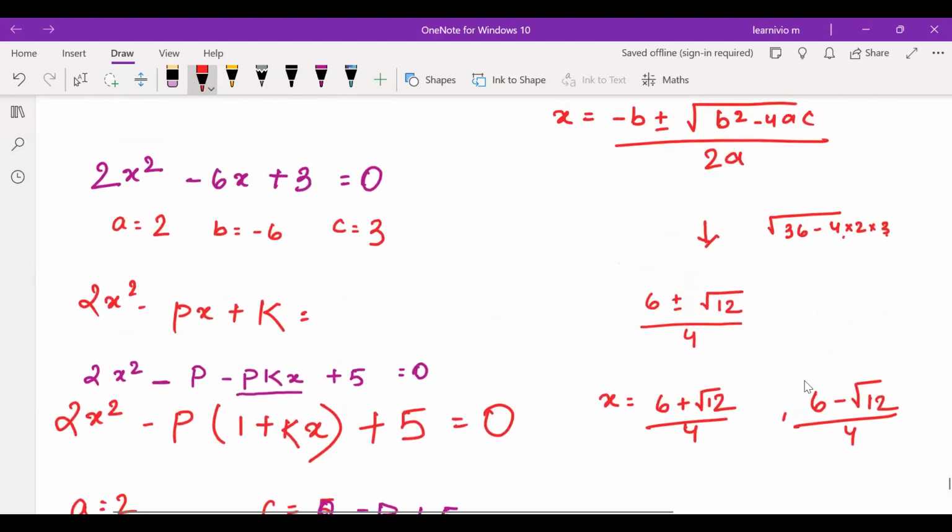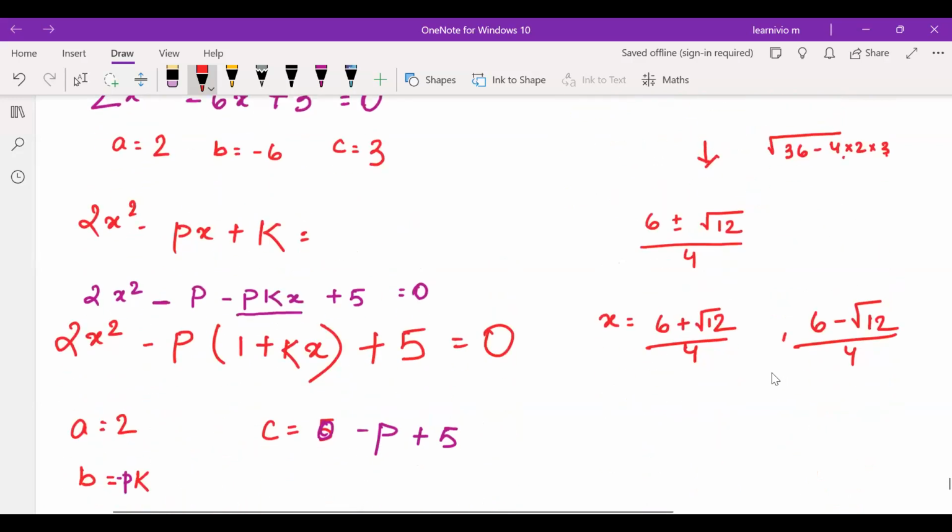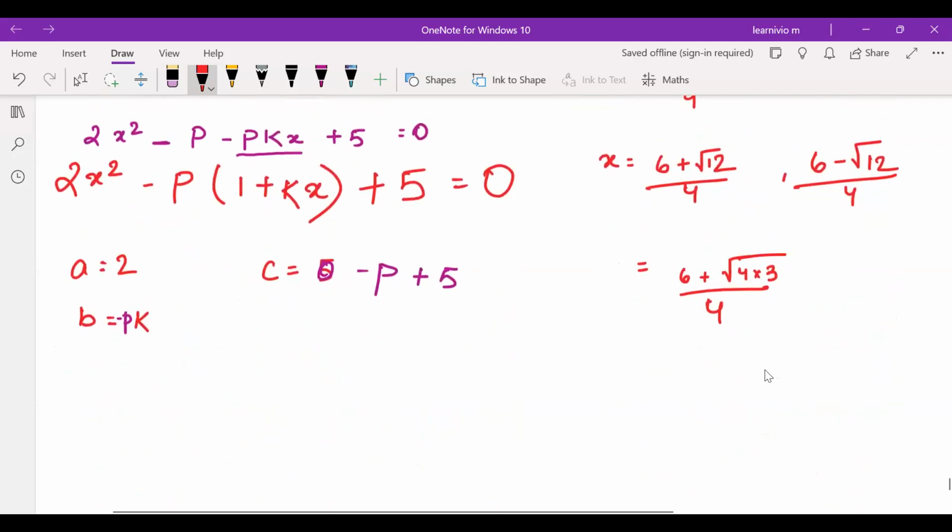So we got these 2 x values. I was saying that one more step is possible. If we split this 12, we can write it as 4 into 3, that is 12, right? This 4 can be taken outside, so 2 will come out.